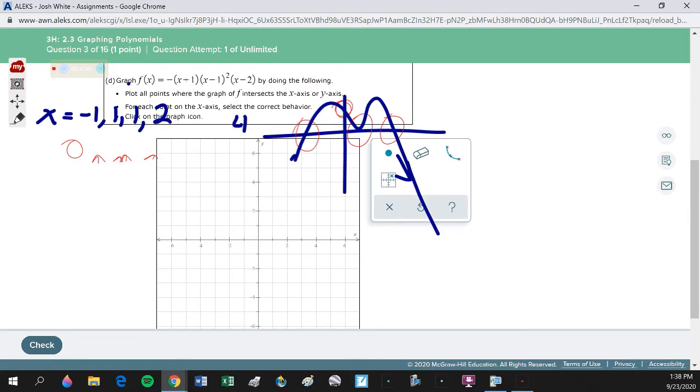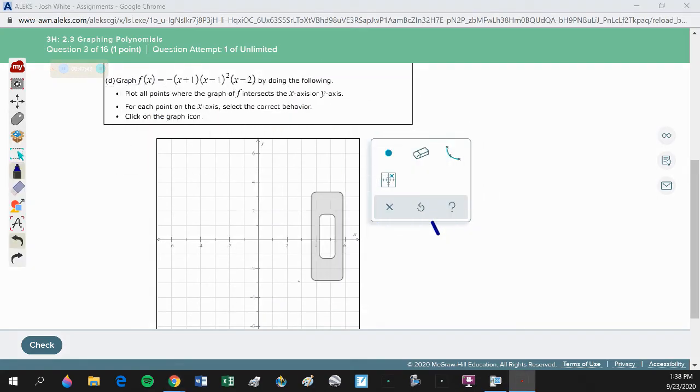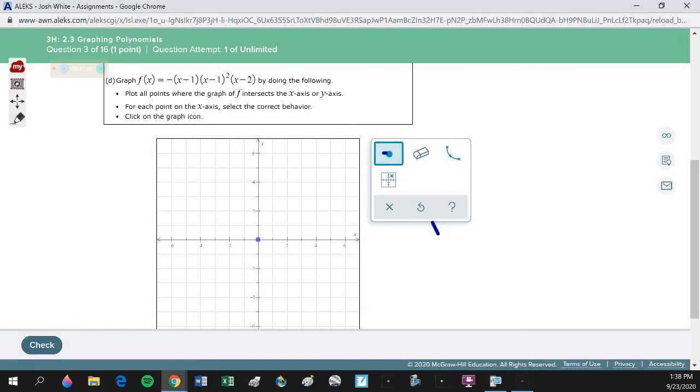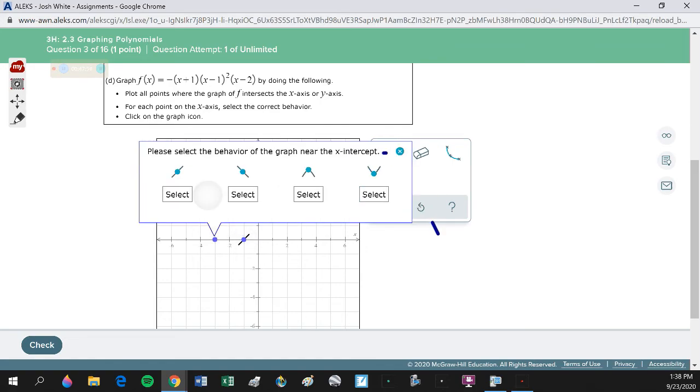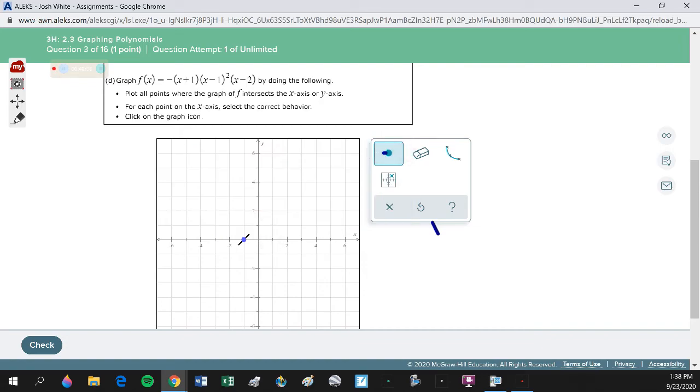So what do we know? Well, I know, maybe. So this, it hits here, and it's this one. It hits here. Okay. It hits here.